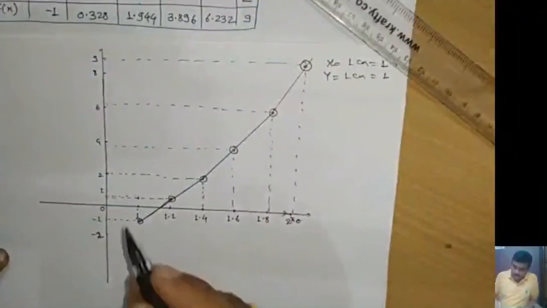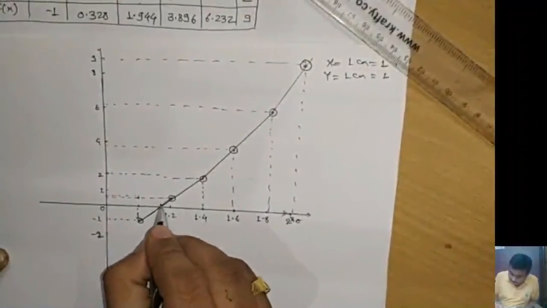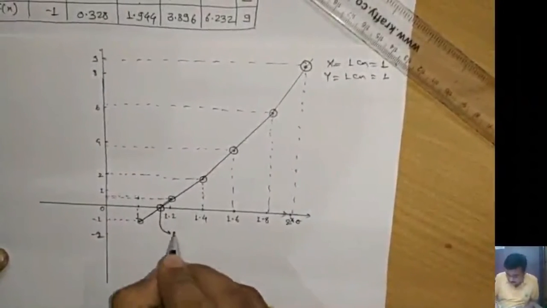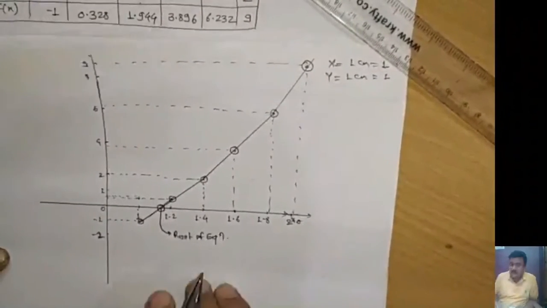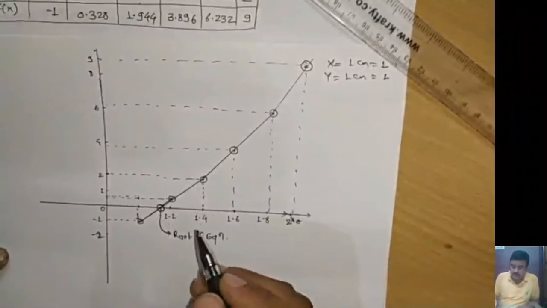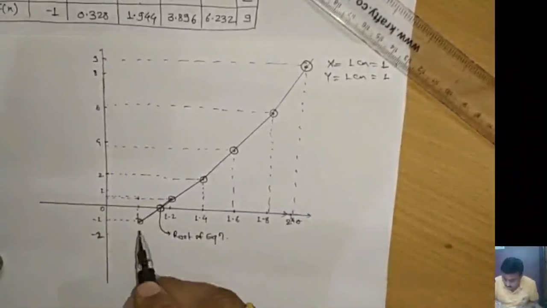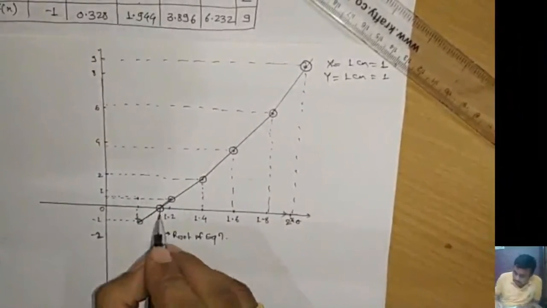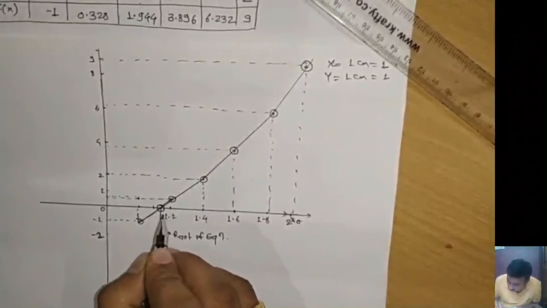Now where this line crosses the x-axis is the root of the equation. This point is a root of the equation. Now we have to calculate the value of this point, which is present between 1 and 1.2. So it is again near to 1.2.